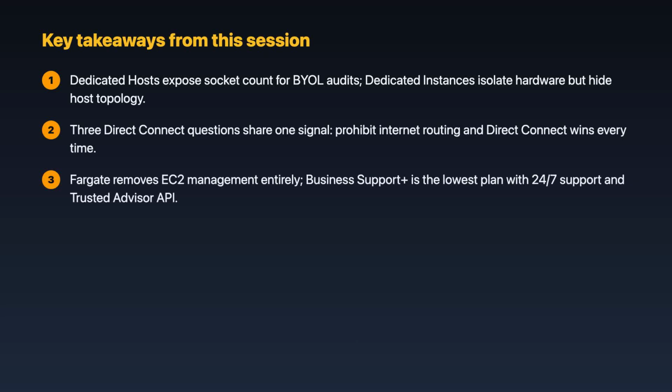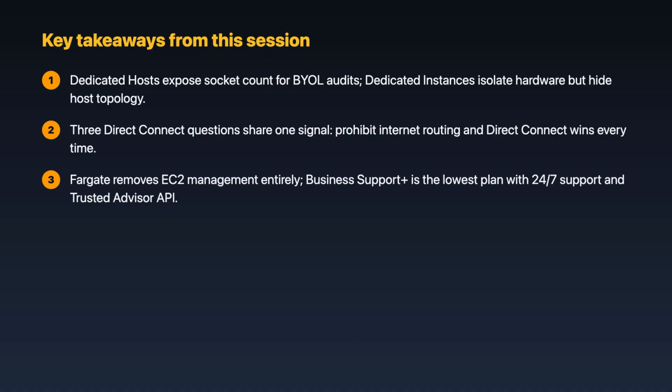3 takeaways from this session. First, dedicated hosts expose socket count for BIAL audits. Dedicated instances isolate hardware but hide host topology. Second, 3 Direct Connect questions share one signal, prohibit internet routing, and Direct Connect wins every time. Third, Fargate removes EC2 management entirely.